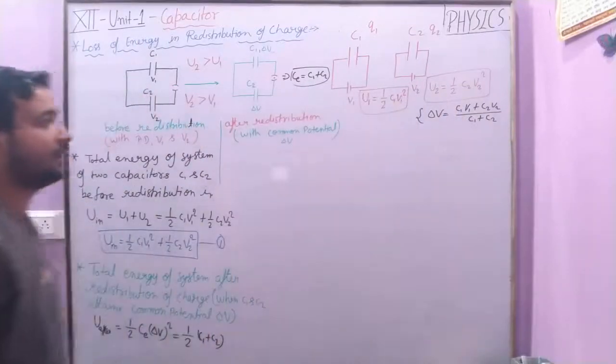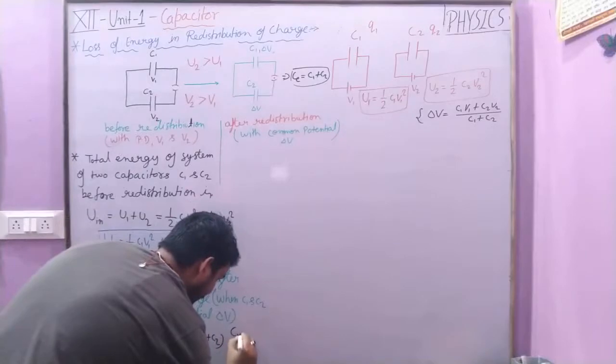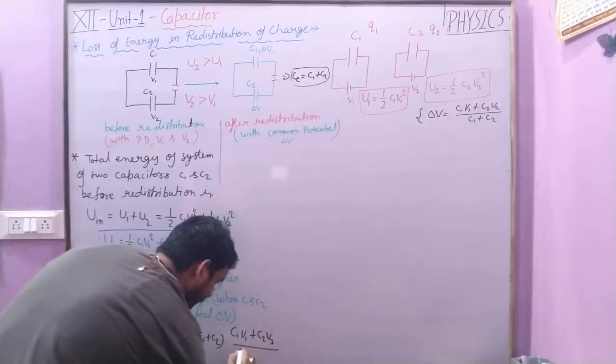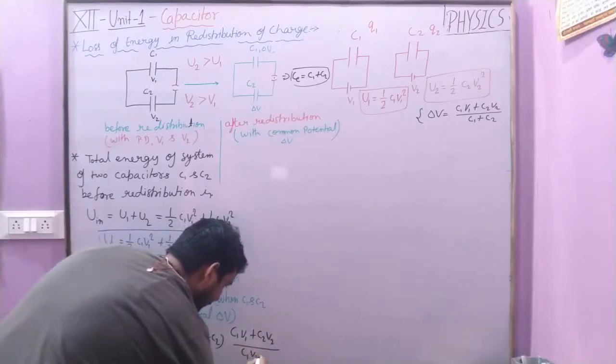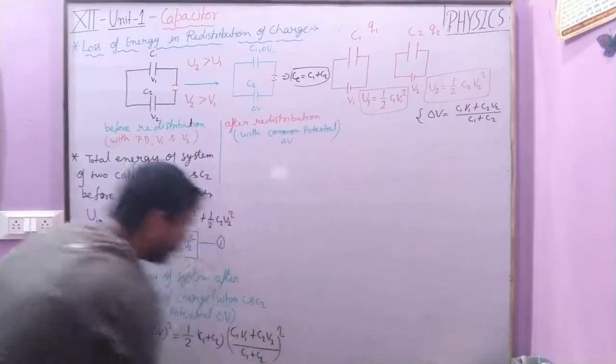By using this result, C1 V1 plus C2 V2 upon C1 plus C2 whole square.